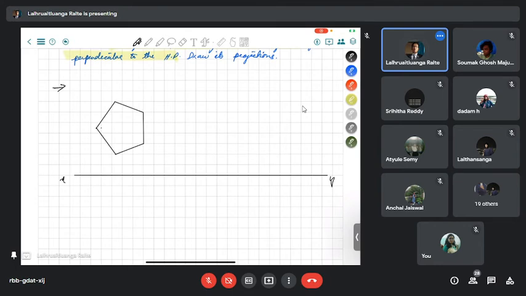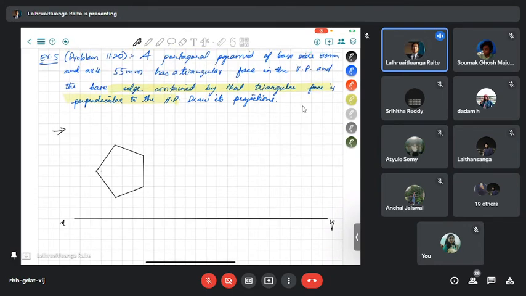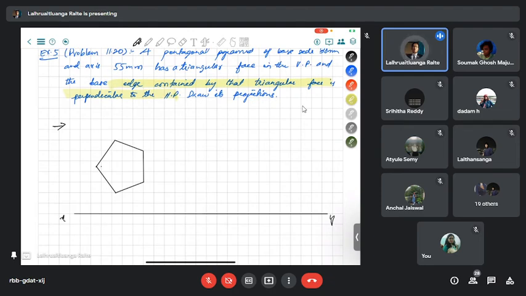All right, so this is our pentagonal base, and as it is a pyramid, it is going to have one point at the center over here, and it's going to be something like this.